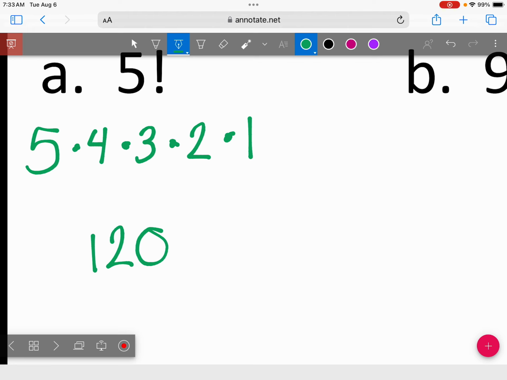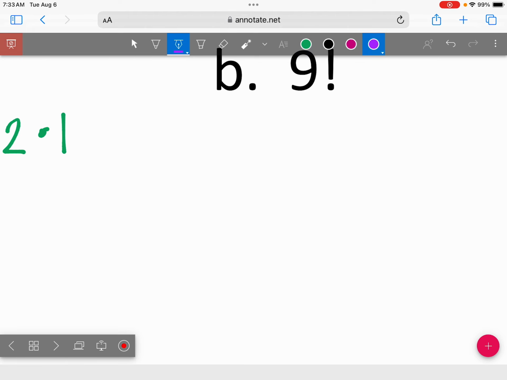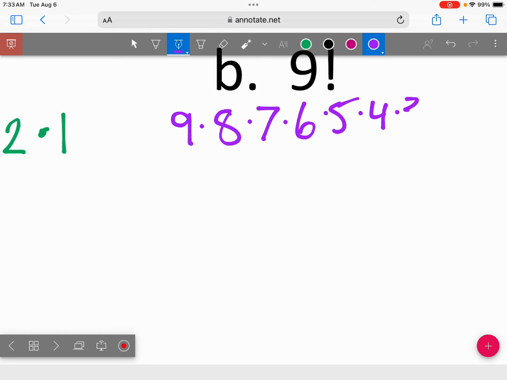We are going to be using these in formulas. It's the same kind of vibe with 9 factorial. 9 times 8 times 7 times 6 times 5 times 4 times 3 times 2 times 1.